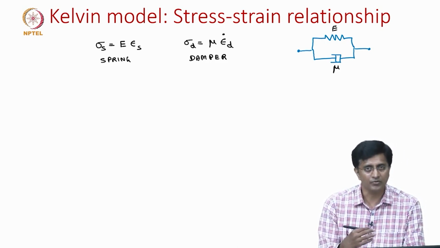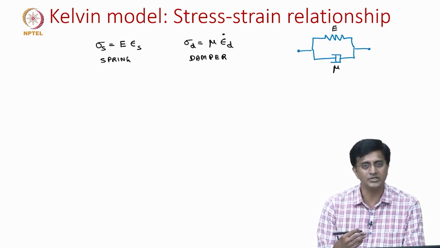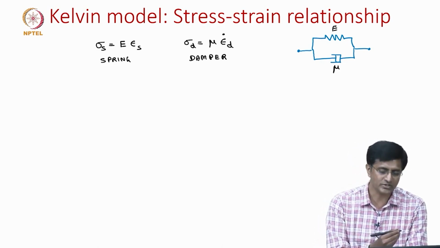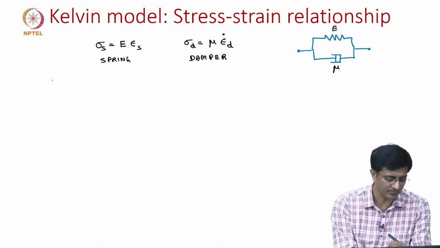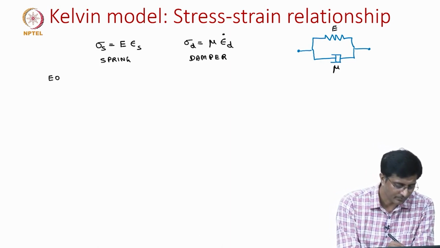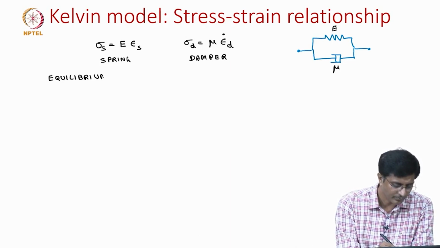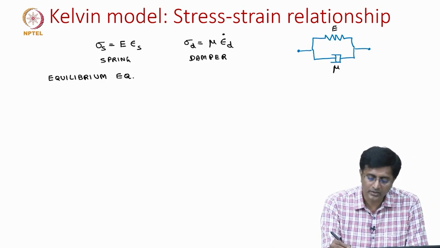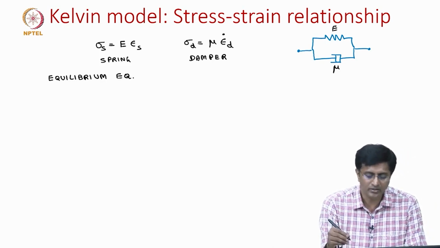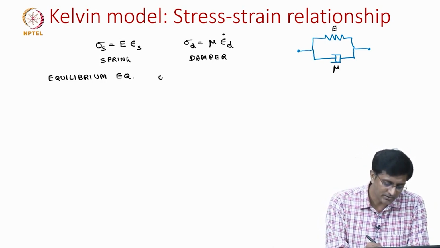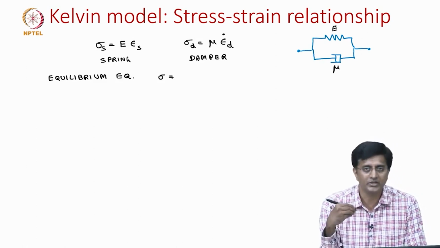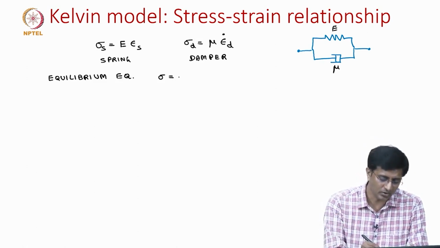Same as with the Maxwell model, we start by writing the equilibrium equations and the kinematic equations. First, the equilibrium equation. Looking at the spring and the damper in parallel, the applied stress is shared between the spring and the damper, and the total stress is the sum of the stress in the spring plus the stress in the damper.